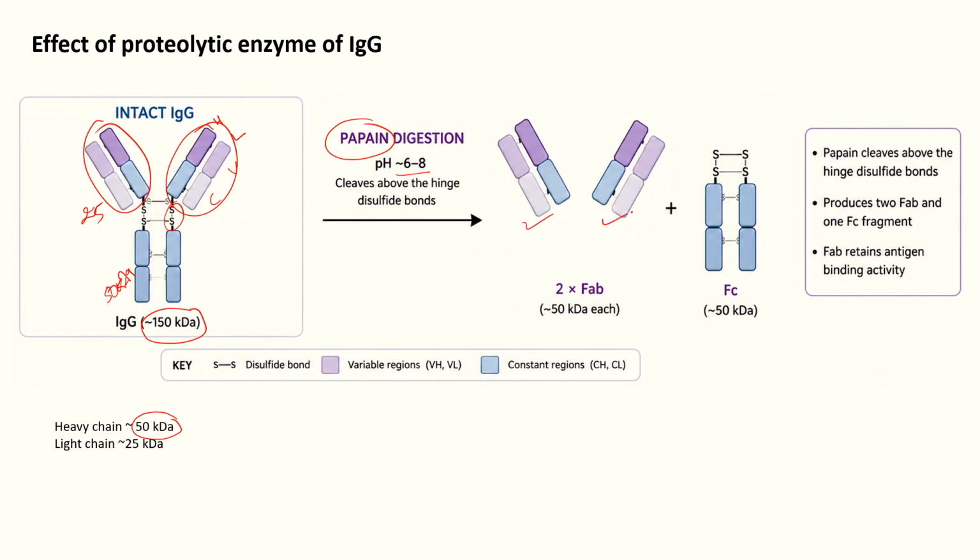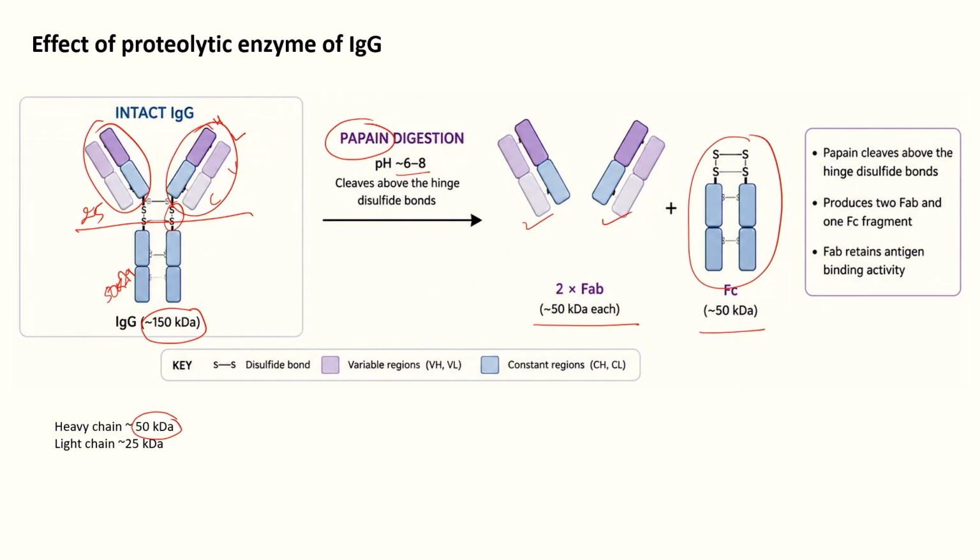So these two fragments are actually 2 FAB, which is the fraction that can bind to antigen. So these are the FAB domains, and the bottom one, which gets segregated out, is called the crystallization fragment. So essentially these three fragments we can easily see when we treat the IgG with papain.